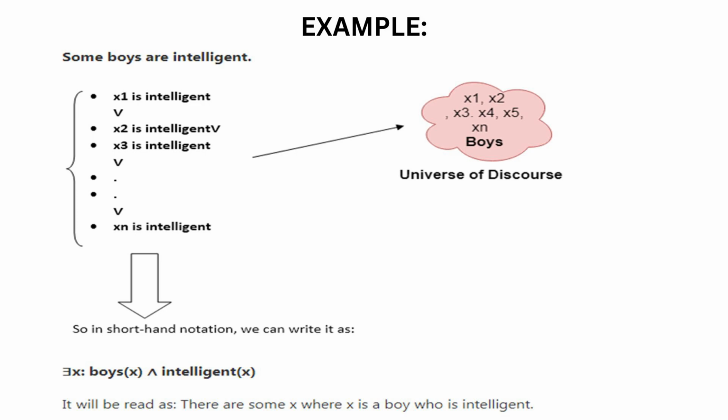The statement is translated into first order logic as an existential quantifier with the conjunction of predicates. It asserts that there exists at least one individual who is both a boy and intelligent. This representation captures the idea that within a certain context there is at least one example of an intelligent boy.